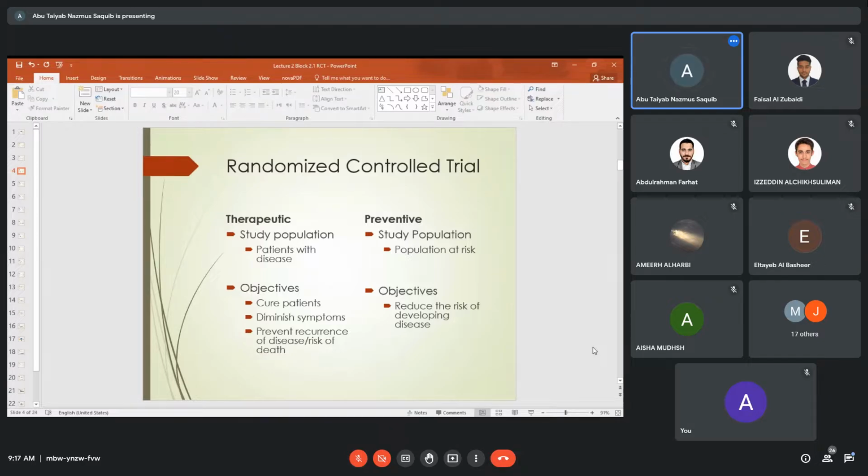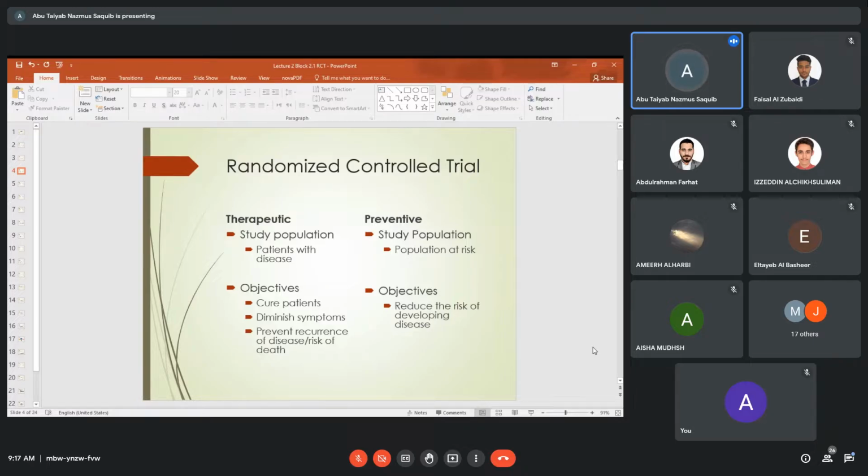What is the objective of the therapeutic trial? The patient comes because they need a cure for the disease, or to diminish the symptoms. What is the objective of the preventive trial? So that they don't develop the disease.